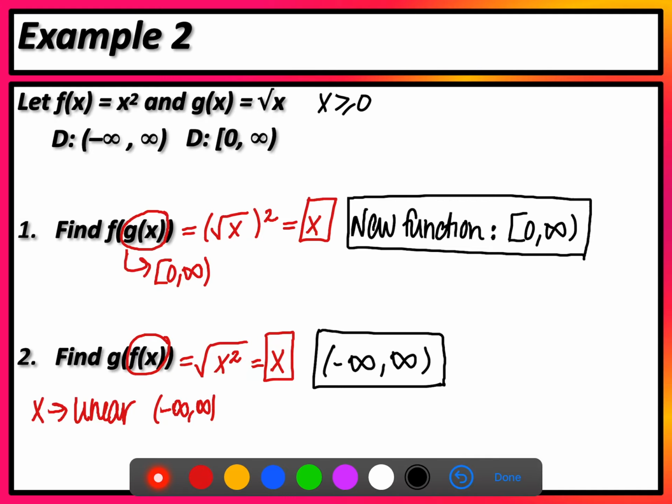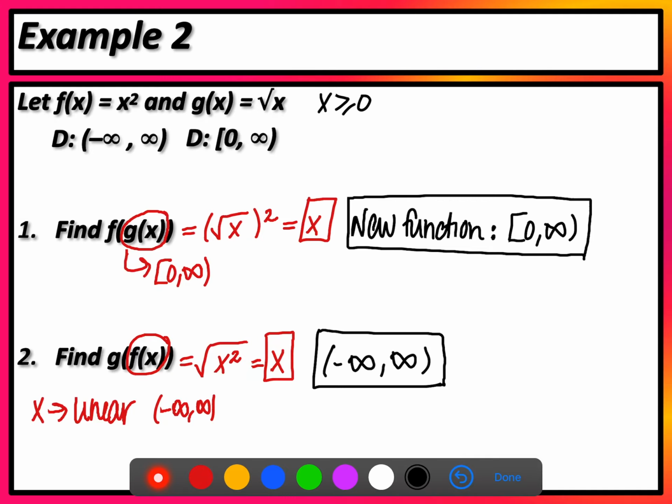So we see in this example, our new function, the expression that we end up with, is the same. Both of them come out to be x. However, the domains are different because in each situation, you're taking into account the domain from the function that was substituted in. So in number 1, okay, you have to take into account the domain of g when you're creating your final result domain.